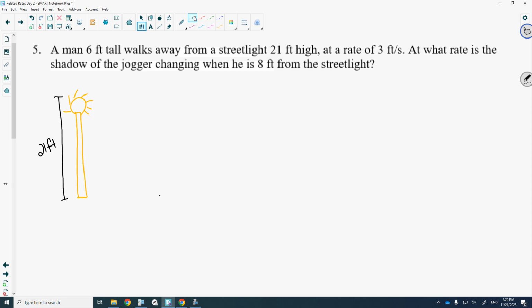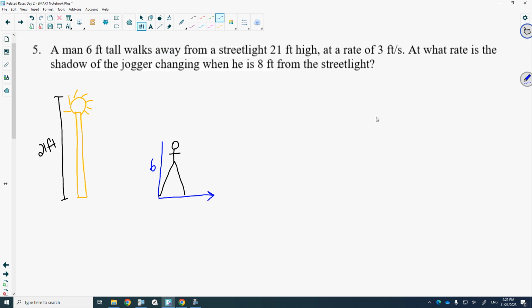Draw yourself a little man, and he is 6 feet. A 6 foot tall man walks away from the street light, so he's going in this direction at a rate of 3 feet per second.